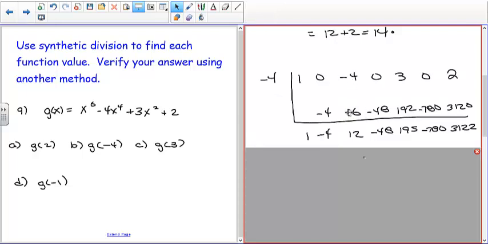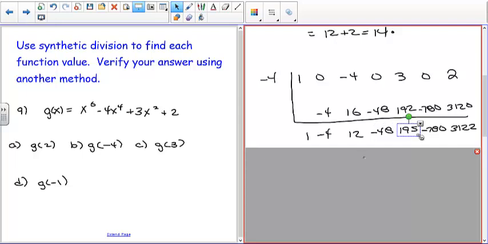Negative 4 plus 16 is positive 12. Negative 4 times positive 12 is negative 48. 0 plus negative 48 is negative 48. Negative 4 times negative 48 is positive 192. 3 plus 192 is 195.